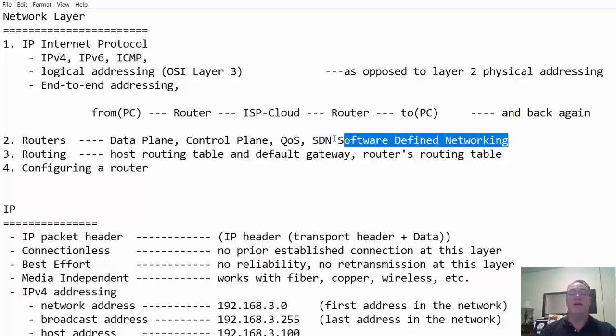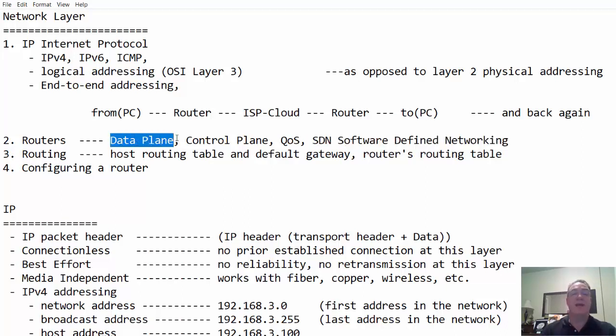So this is a different way of implementing routing on a network at the software level. It basically separates the forwarding plane from the control plane, and then the control plane, which is controlling basically the routing functions, can be centralized to a centralized server.